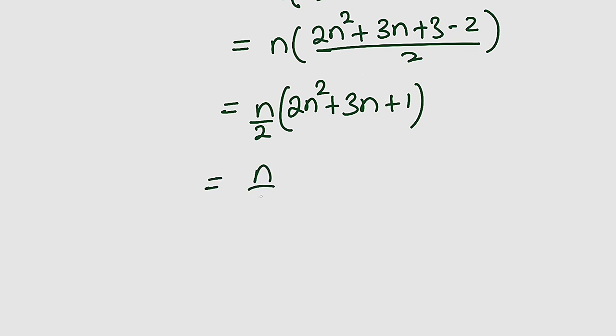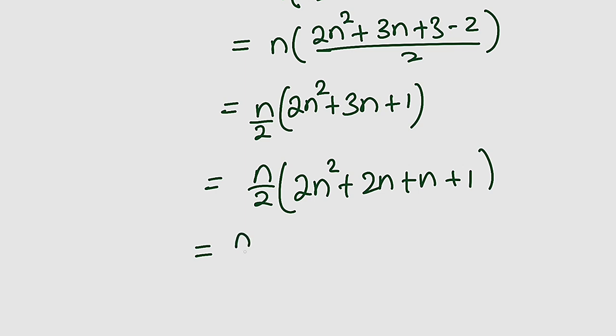This is equal to n divided by 2. Don't forget we have a term to the left-hand side. We have 2n squared plus 2n plus n, then plus 1. This is equal to n divided by 2. Among these two terms, we have 2n in common, 2n, n plus 1.